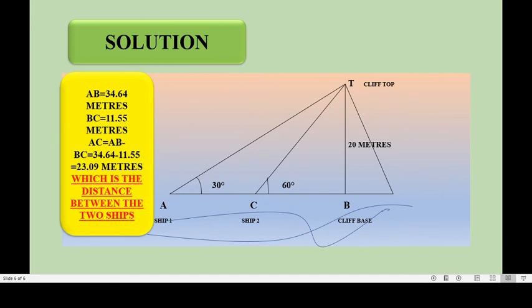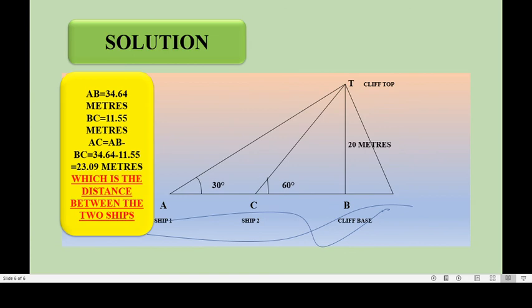Next we can see that we have found the distance AB, which is 34.64 meters, and distance BC is 11.55 meters. So now we can easily find the distance between A and C by subtracting BC from AB.